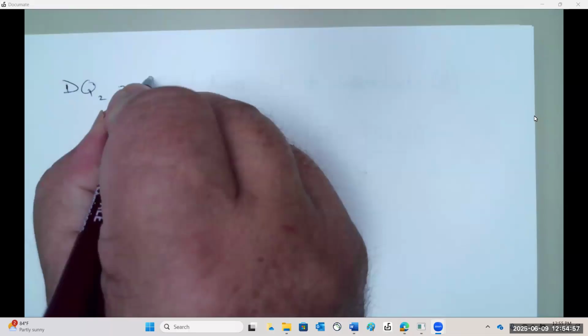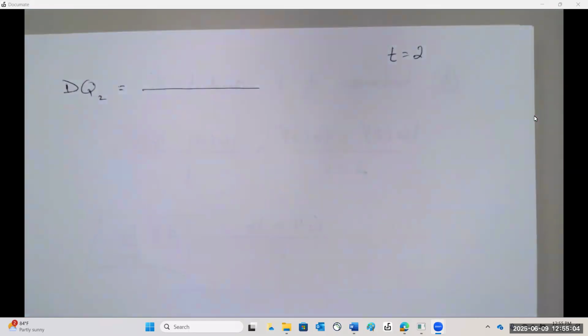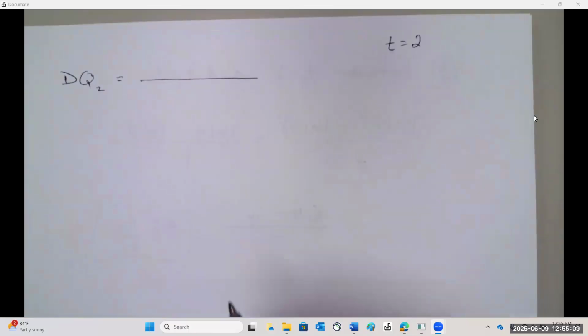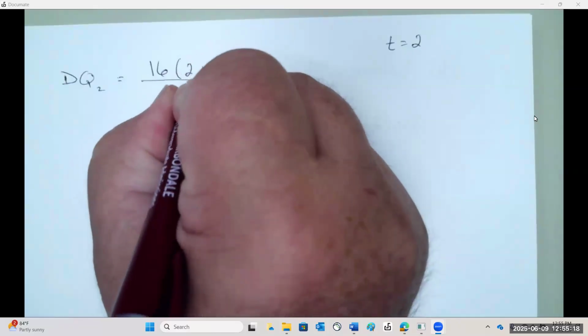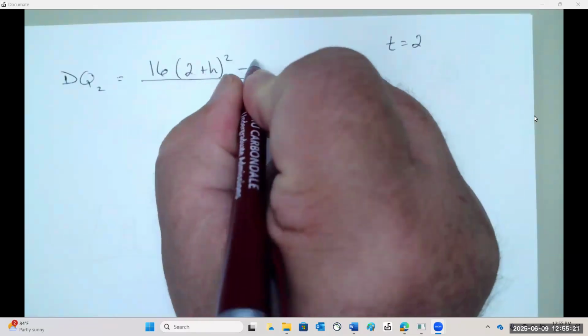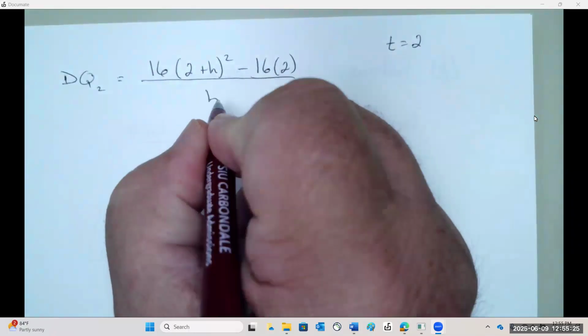All right, so we have difference quotient 2, which is at t equals 2 seconds. 16 times (2 plus h) squared minus 16 times 2, all over h.